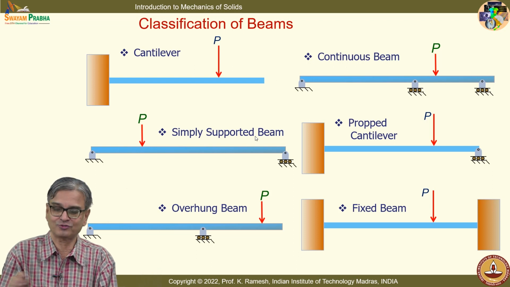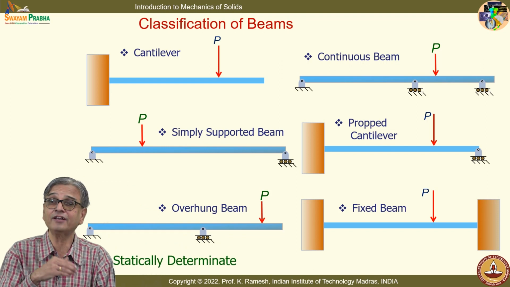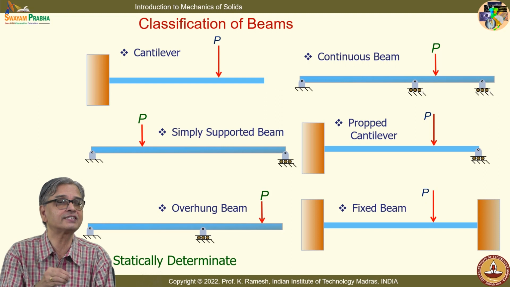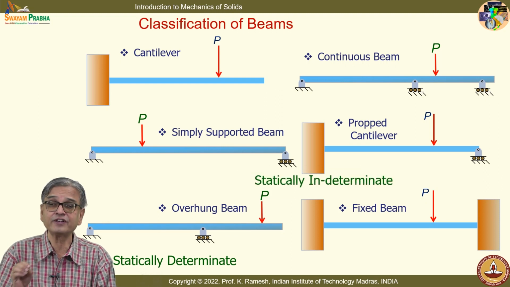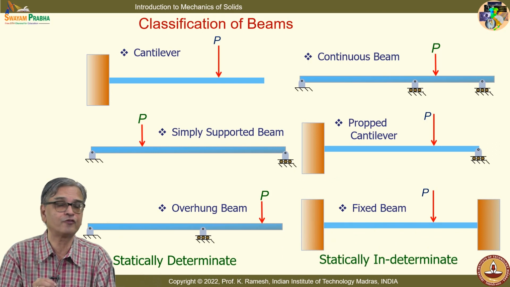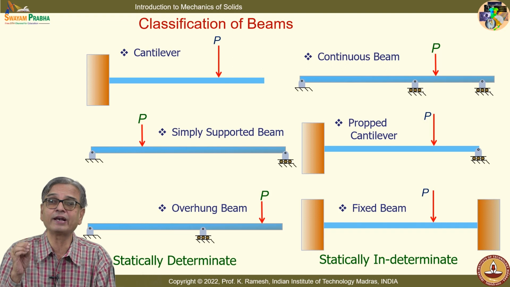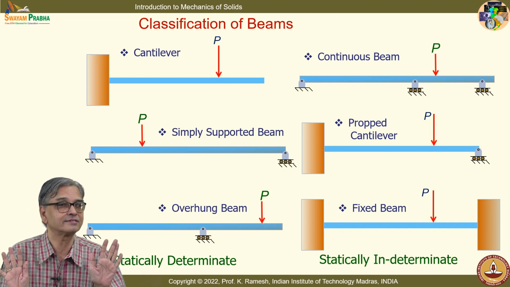Very good, very good. So, the first column you say is statically determinate, because I can find out all the forces in the system with the help of equations from statics. In the second set, the equations are not sufficient for me to evaluate the unknowns, and you label it as statically indeterminate and you close your eyes.